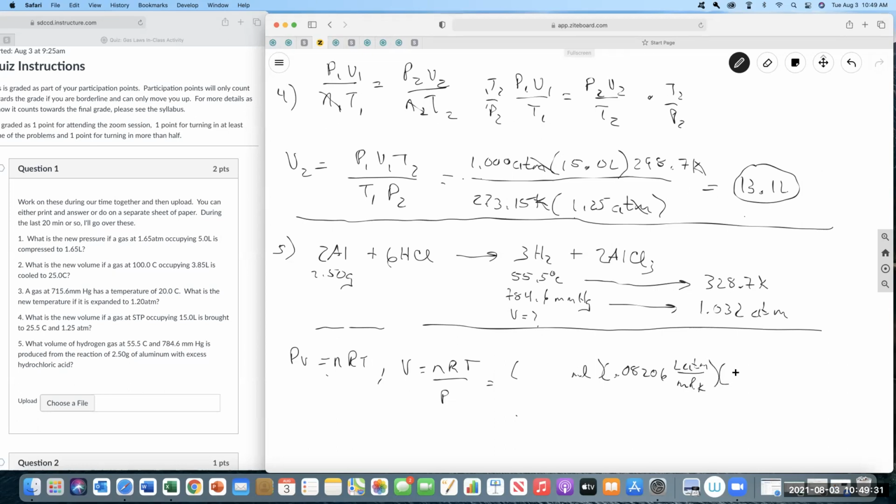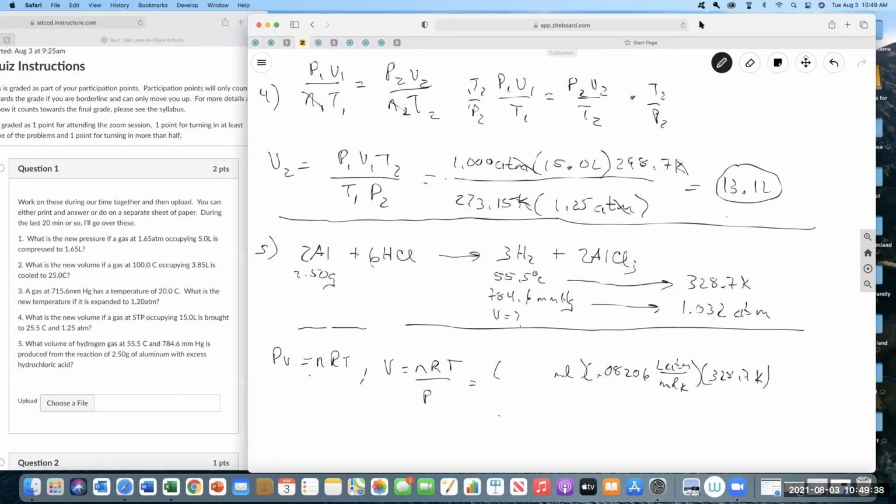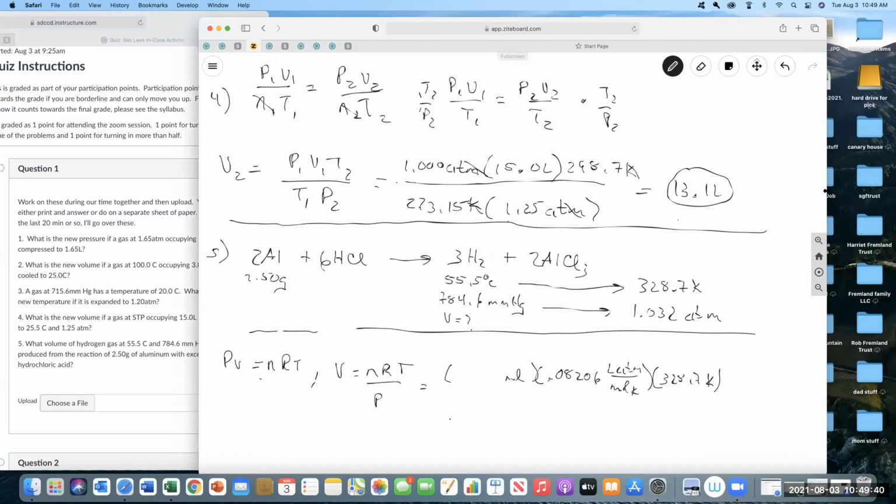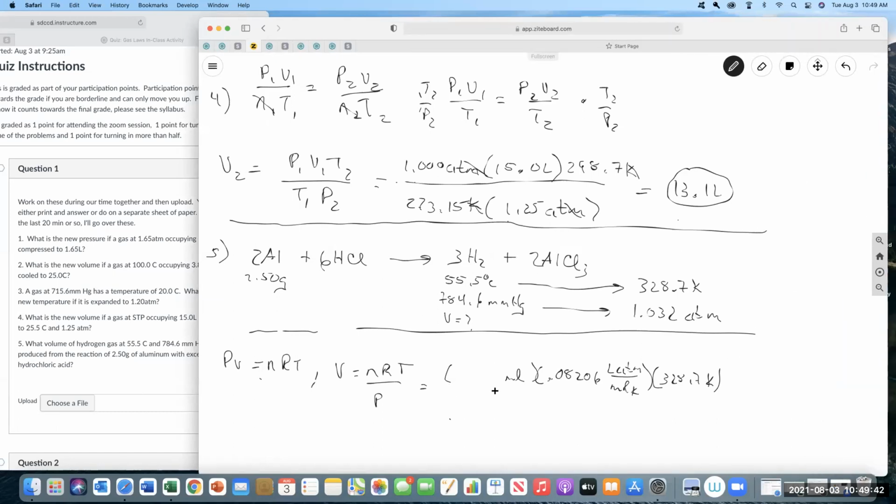We have the temperature, 328.7 K. I'm going to move this over now. And we have the pressure, 1.032 atmospheres. So if we had the number of moles, we could do this. Let me make some space up here.